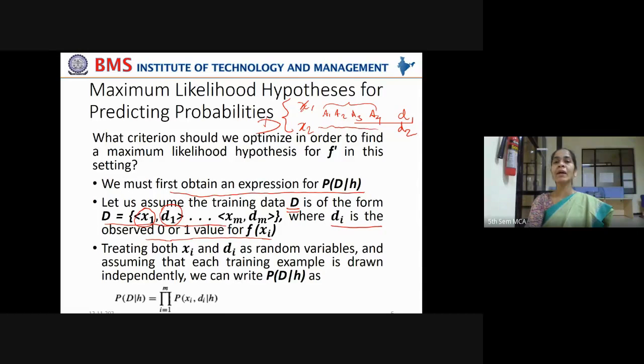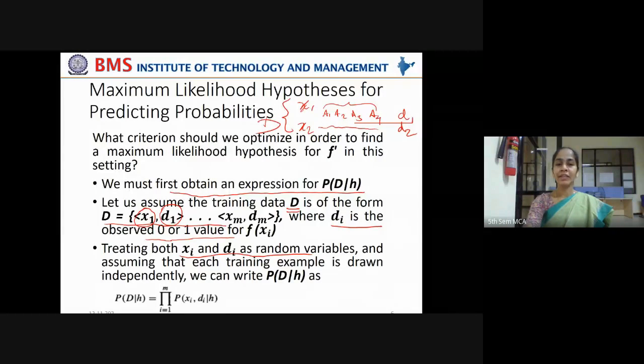We have just given P of D given H. But let us take in this case xi also as a random variable, meaning it may not belong to the same set of values. There is some uncertainty in the training examples which is leading to these 8% patients not surviving though they have the same symptoms. So the value is random here. You can't stick to the same distribution in the attribute values.